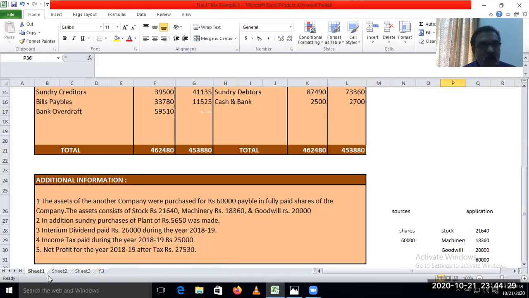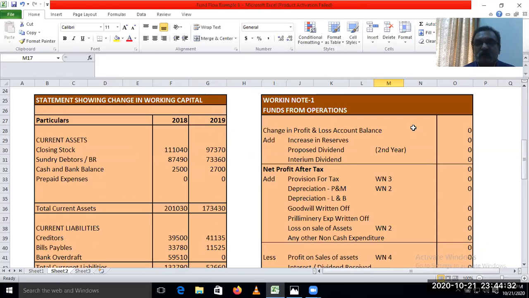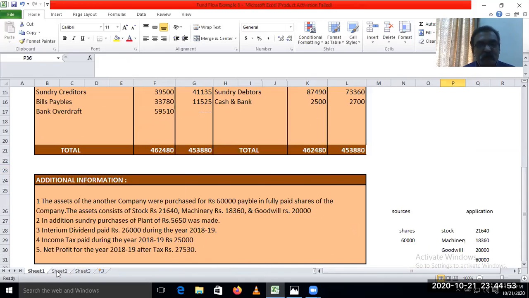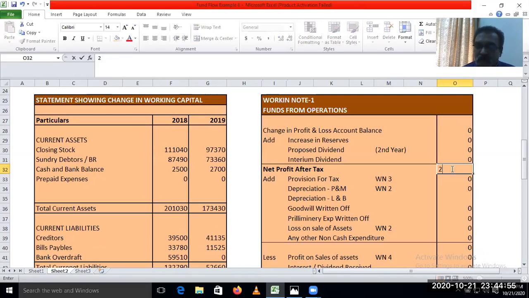If you look at the format of this working note, first we take change in profit and loss account, then change in reserve, proposed dividend, interim dividend, and then we get net profit after tax. But here this amount is directly given to us. So we can directly consider here the net profit after tax of rupees 27,530.